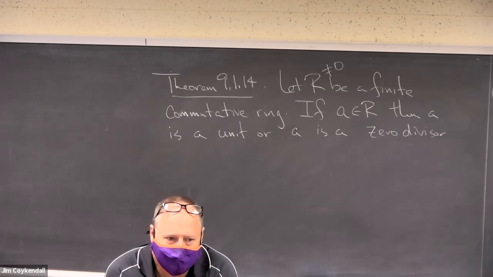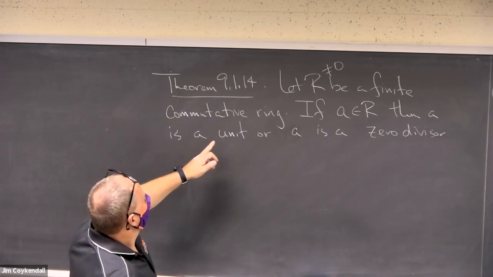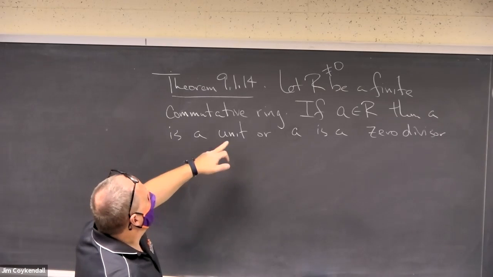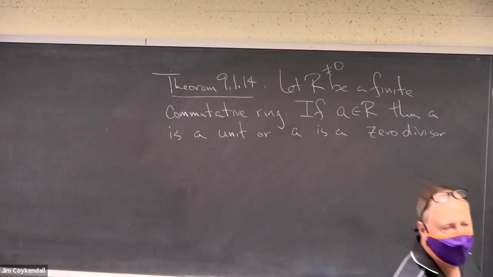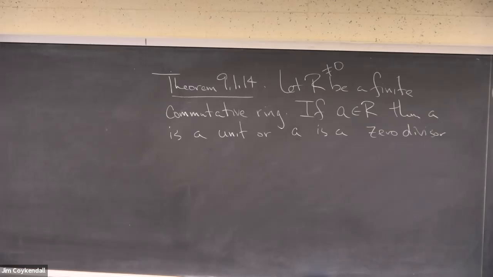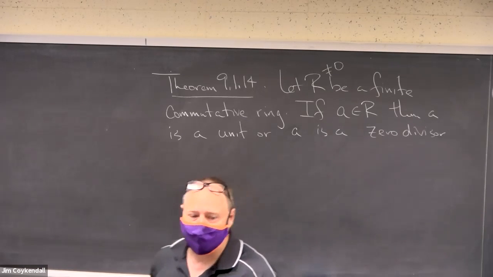Well, yeah, actually. Let's see, it's either a unit or a zero divisor. If you've got a unit, what do you need? You need an identity, right? And so it looks like Jim forgot to say an identity. I don't need to say it.